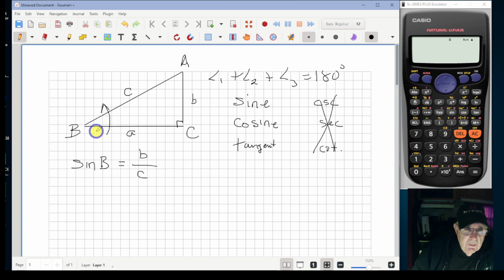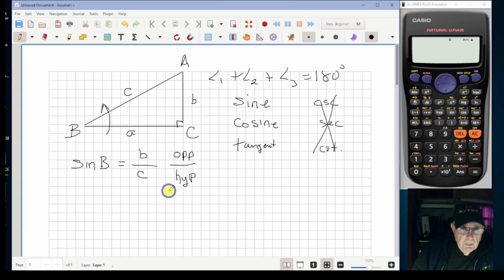That's handy if they're lettered, but I don't know what the letters are because any lettering scheme can be used. Oftentimes even Greek letters are used in trig. So the sine is the side opposite the angle over the hypotenuse. That way I don't care what the letters are.